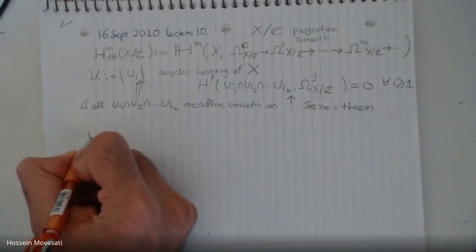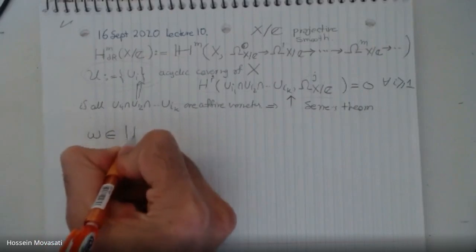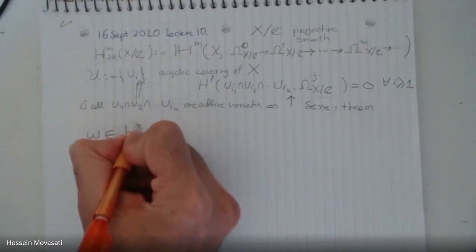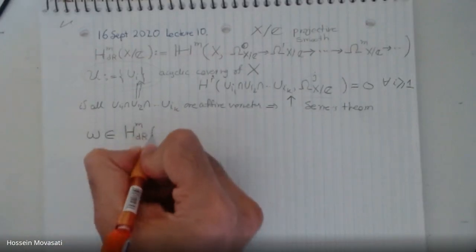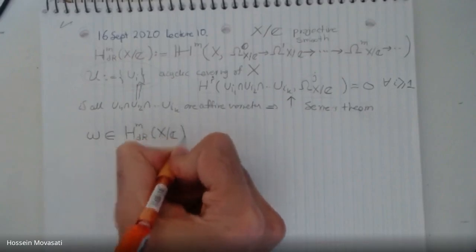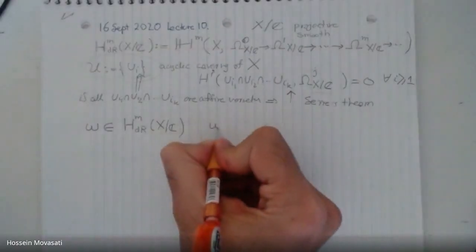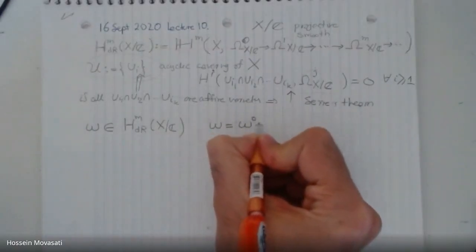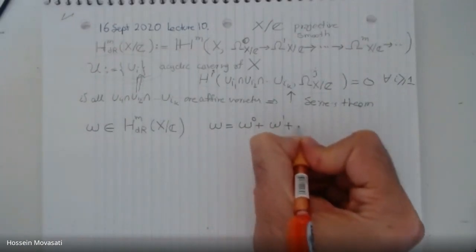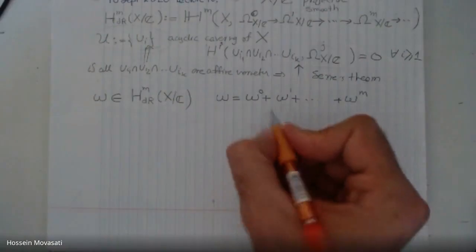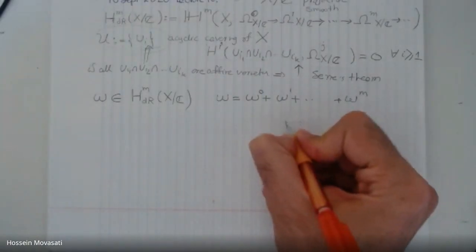So let me write also. It is important in this course that we are able to write down elements explicitly, because we are interested in computations also. So actually omega is omega_0 plus omega_1 plus ... plus omega_m. And if I want to write it in a better way such that people can memorize it, we had a diagram.